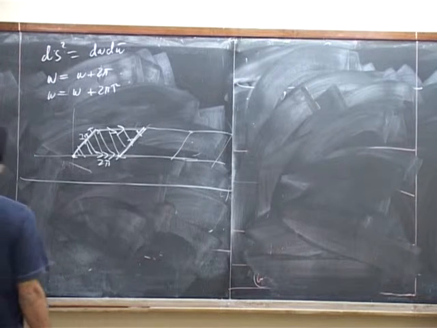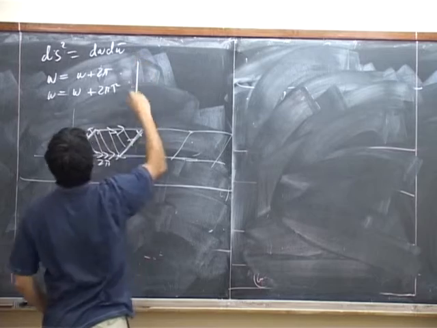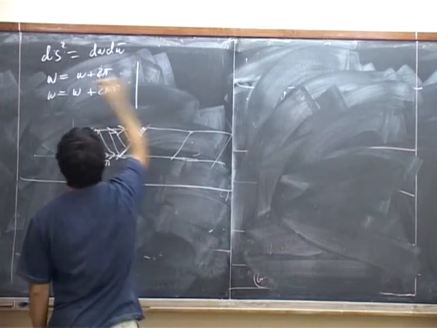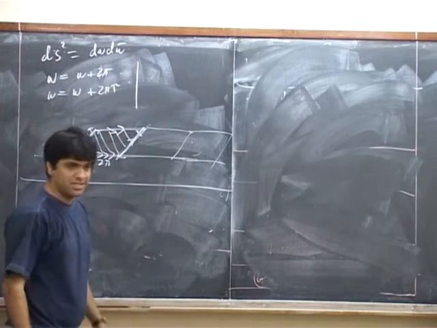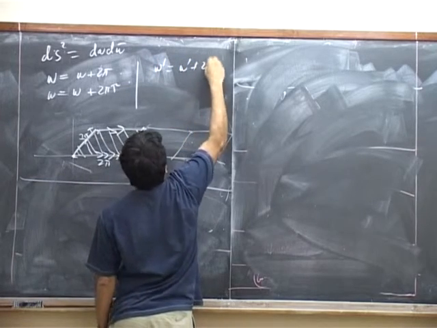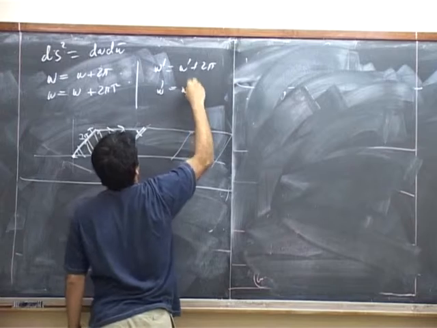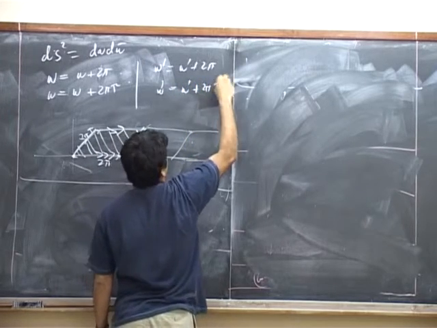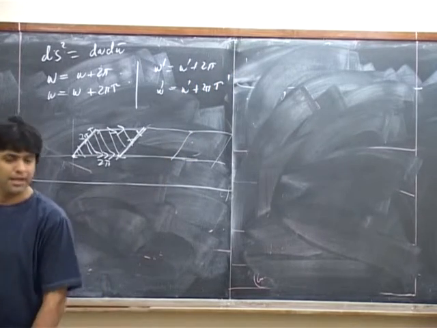Okay, so suppose we've got two different tori. One which is this object, and another one which is w prime identified with w prime plus 2 pi, and w prime identified with w prime plus 2 pi tau prime. The two tori are different. In this one, the metric is ds squared equals dw prime dw prime bar.